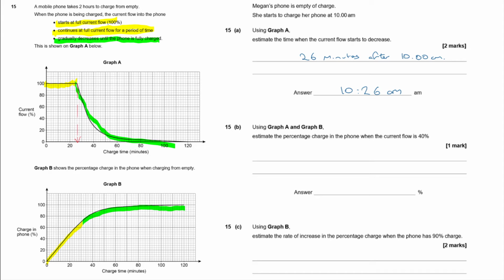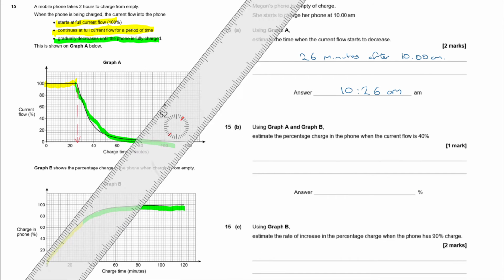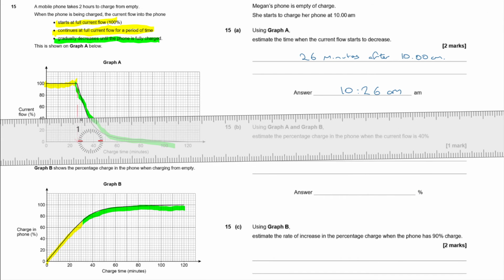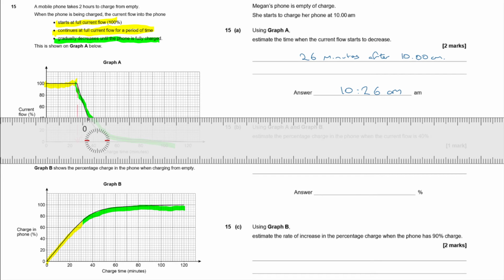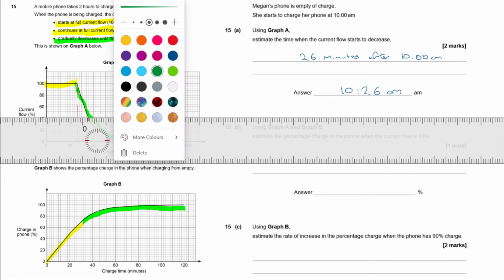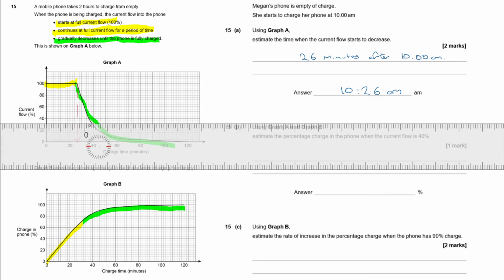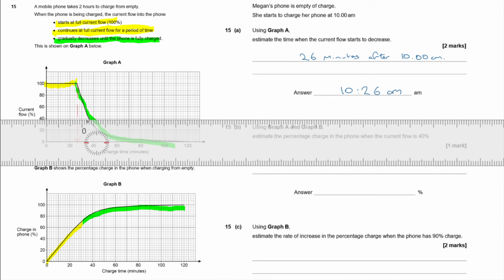current flow is 40%. So the current flow in is 40%. Where's that then? So on the graph, if I read across current flow from 40%, okay, let's switch pen. So I go 40% across to my graph there.